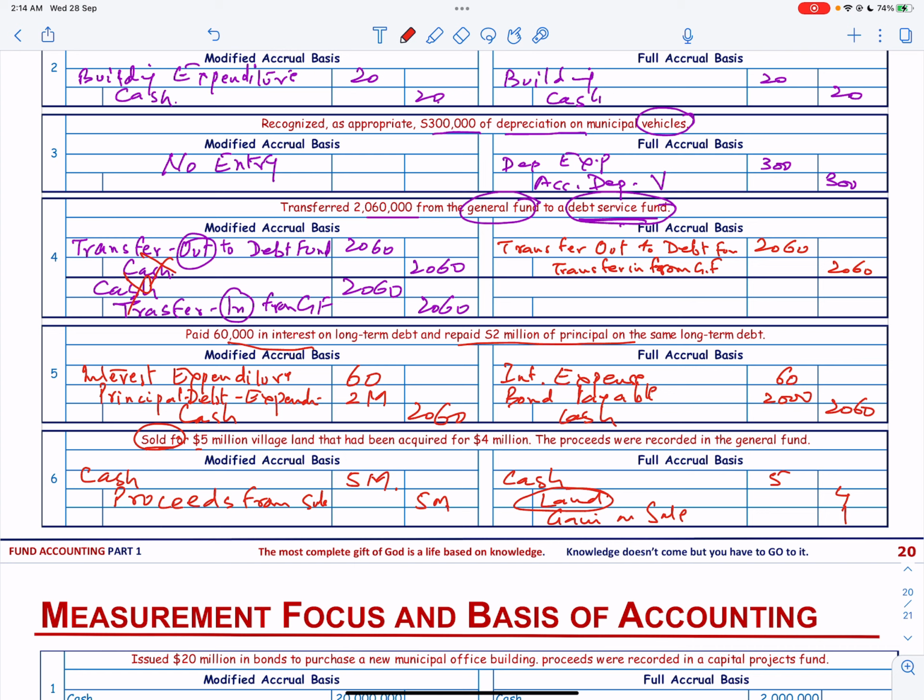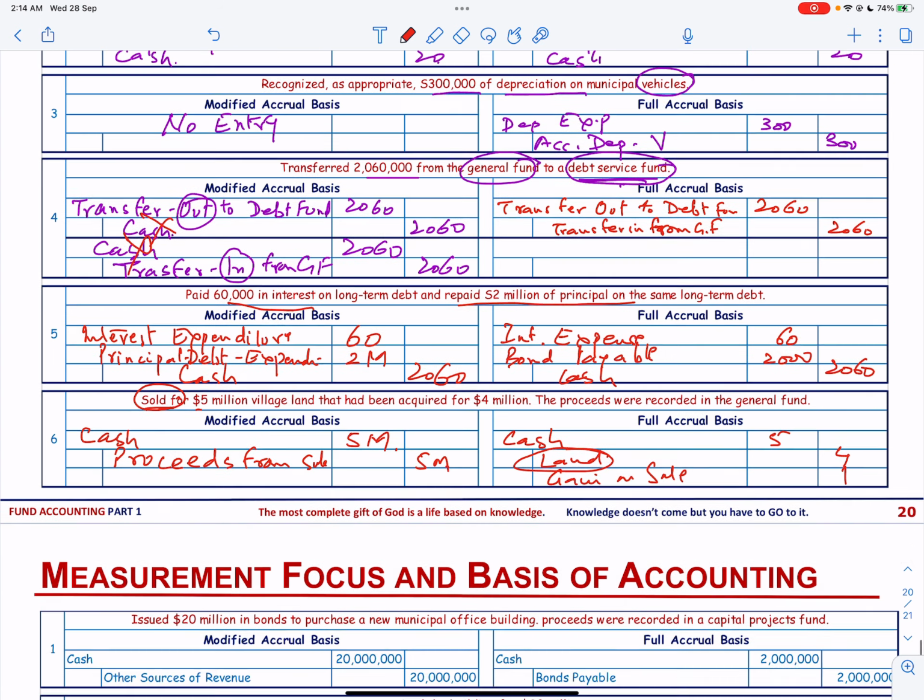As in case of governmental funds, the purpose is accountability. So modified accrual basis deals with budgetary compliance. So we have looked at short term assets, short term liabilities, money in, money out throughout the year for a specific purpose. For accrual, we are looking at the whole picture, at the whole government-wide financial statement.